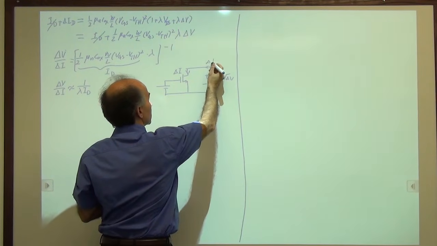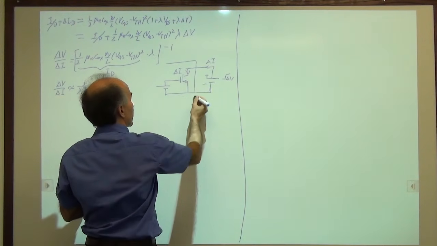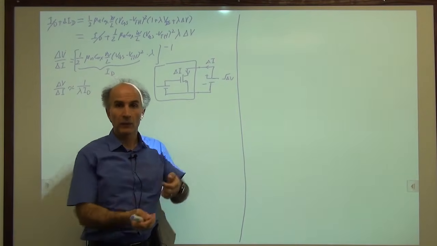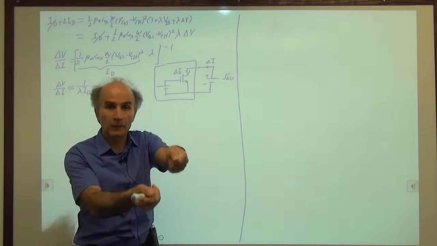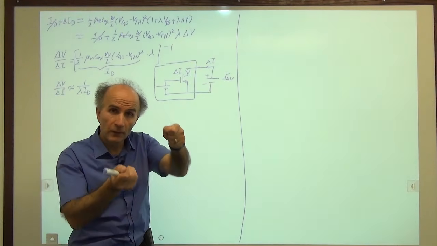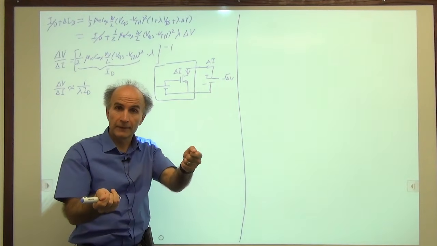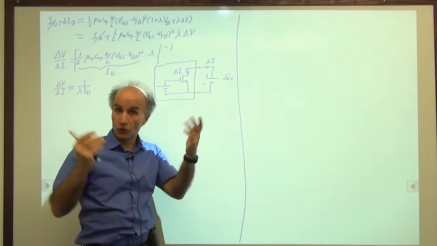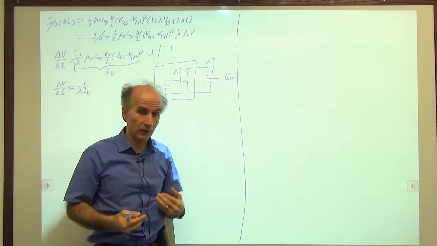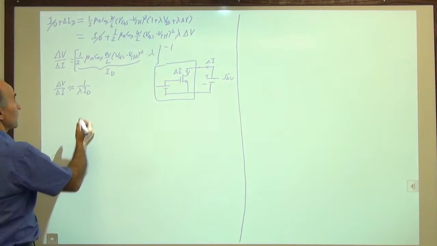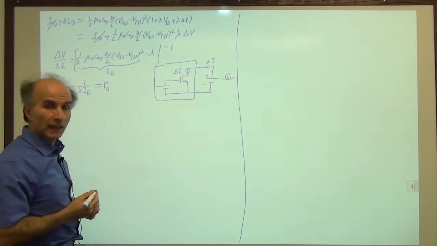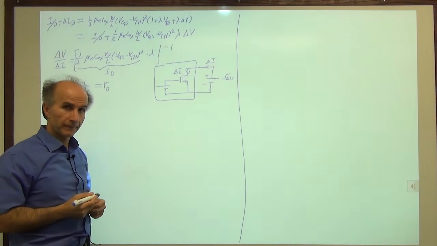Same thing. So if I put all of this in a black box, I have two terminals, right? And what I see is that when the voltage applied between these two terminals increases by delta V, the current flowing into these terminals increases by delta I. Well, how can I model this? Just a resistor. That's exactly what a resistor does. I don't need a voltage-dependent current source. So we will model this by a resistor, and we'll call it RO, the output resistance of the MOSFET.